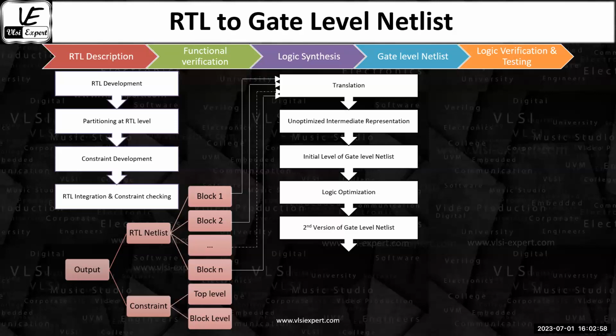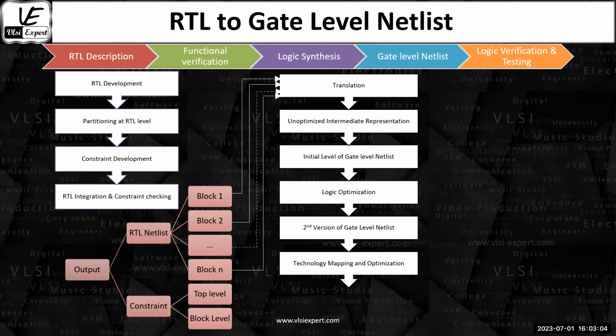Now, depending upon your constraints, your technology node, and your design. If you're talking about the standard cell library, say the 40 nanometer or the 28 nanometer library, plus whatever constraints you have applied, what is the tool going to do? Here at this particular stage, let us suppose there is a NAND gate.